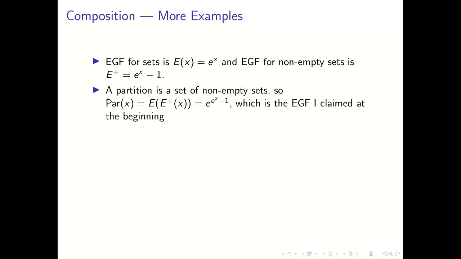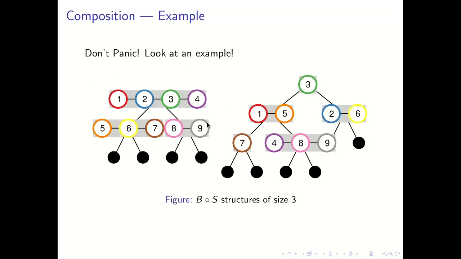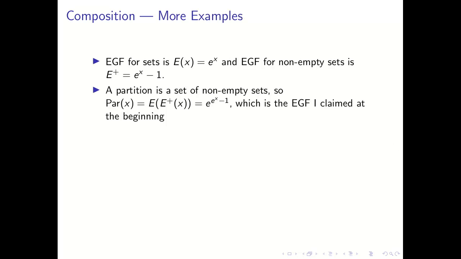Maybe if you've been paying attention, you might realize that this particular example is kind of cheating, because if we go back to here, the partitioning is already kind of happening in how we defined composition of structures. So I should give you another example that isn't quite cheating, and one that you haven't seen.